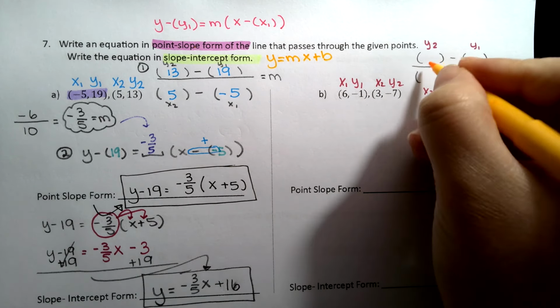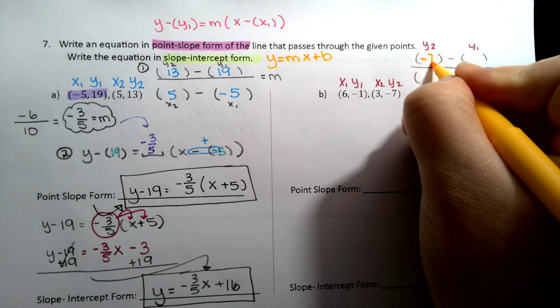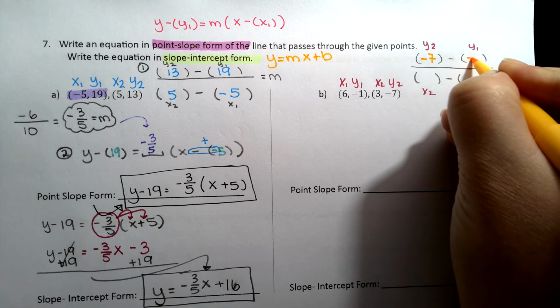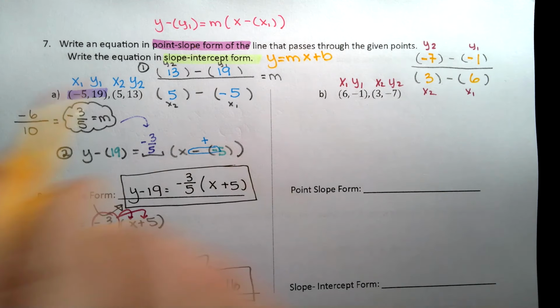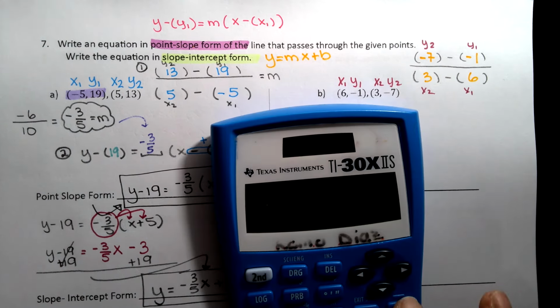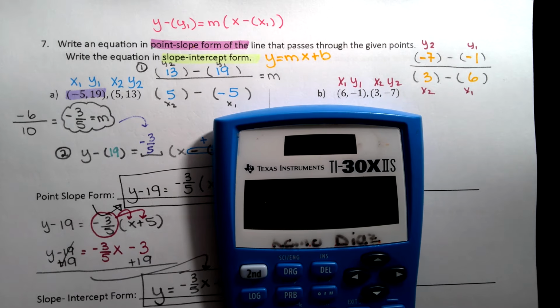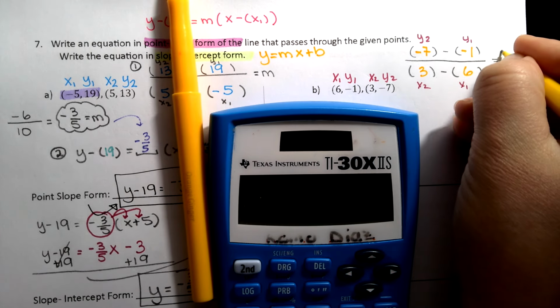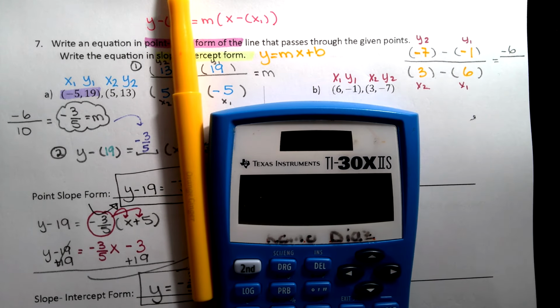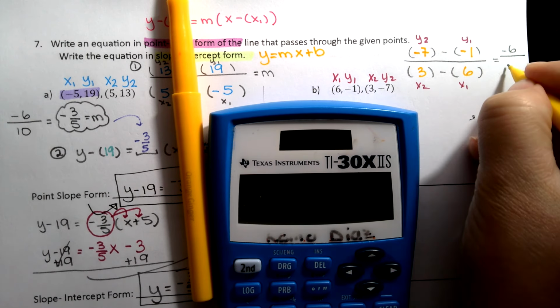We got y2 is negative 7, y1 is negative 1, x2 is 3, x1 is 6. Let's go ahead and type in the top. So negative 7, close it, minus open negative 1. Careful, double negatives here. We're ending up with the negative 6 on top. Then 3, open, close it, minus open 6, close it, and negative 3.